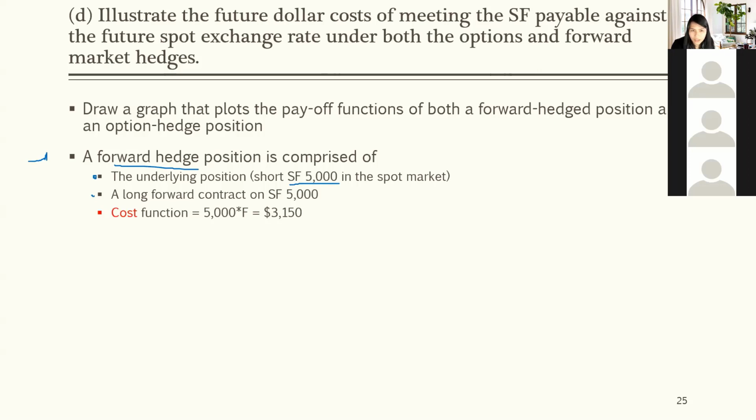The second thing in your portfolio is your long forward contract, right? So the cost function for the forward hedge position, as we showed before, is going to be 3,150. Okay, so far so good. So here we have a flat line.